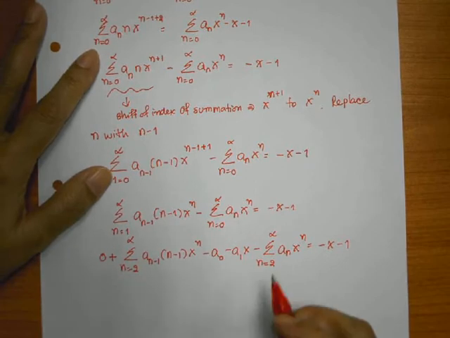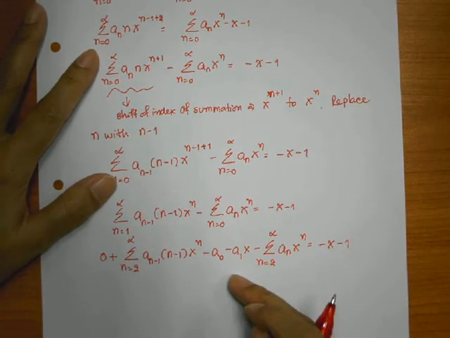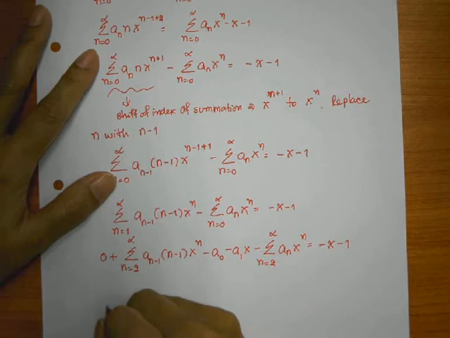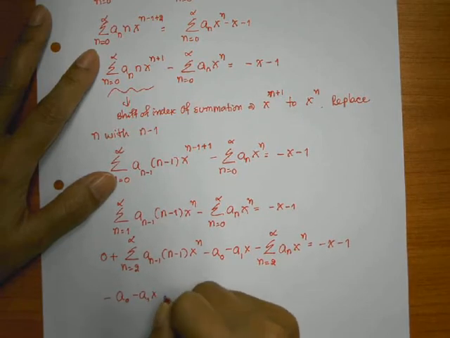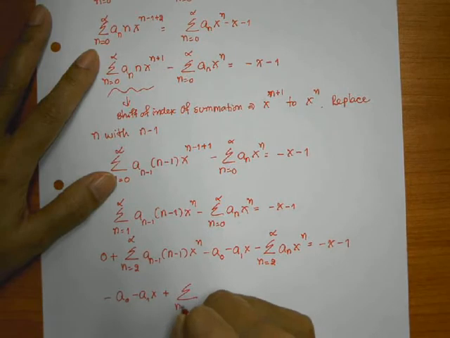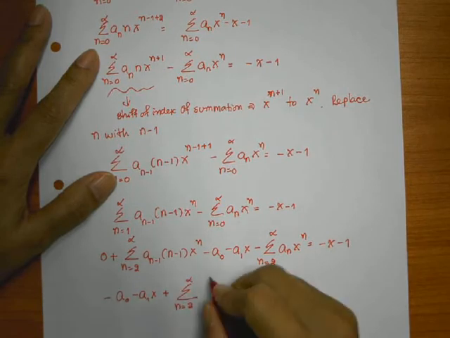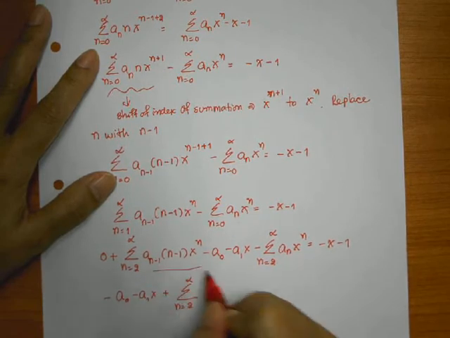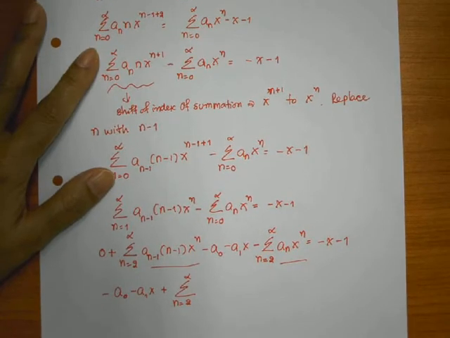Okay, now just going to arrange the terms. That minus a0 minus a1x plus summation n equal to 0 until infinity. And then this term and this term are just starting with the same number until infinity, and we have x to the power n the same.